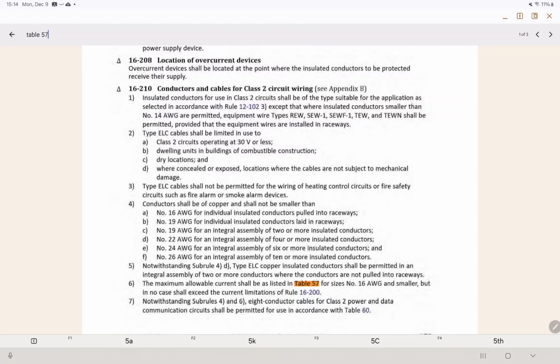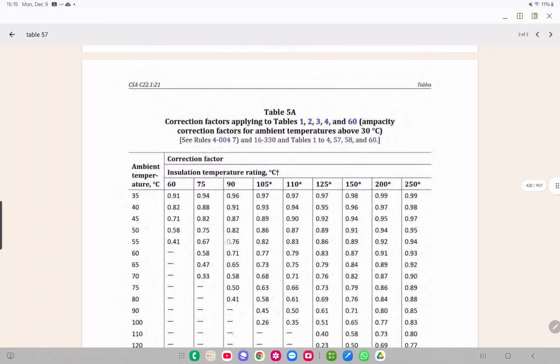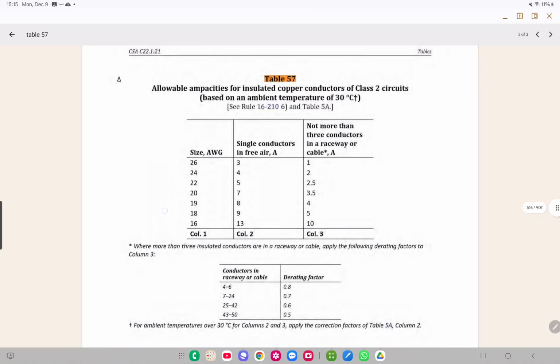Now, if you wanted the ampacity of these extra thin wires, we would go to table 57. Here we have allowable ampacity for insulated copper conductors of Class 2 circuits, based on an ambient temperature of 30 degrees. Here are single conductors in free air, and here are not more than 3 conductors in a raceway or cable.